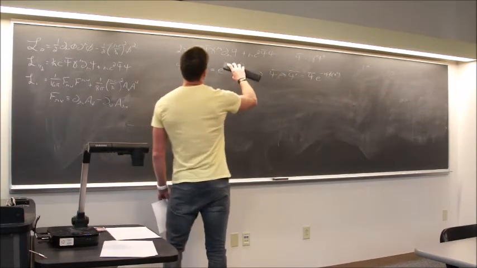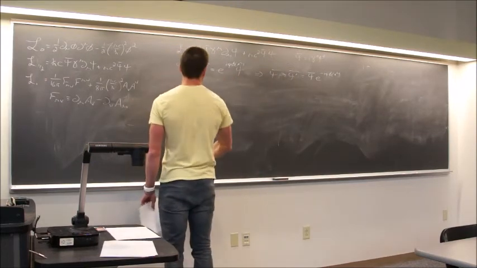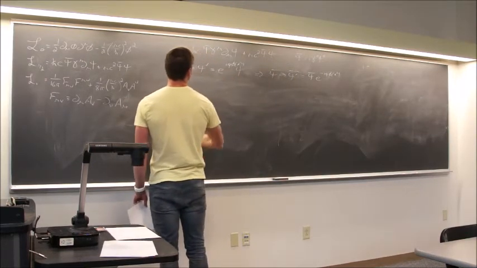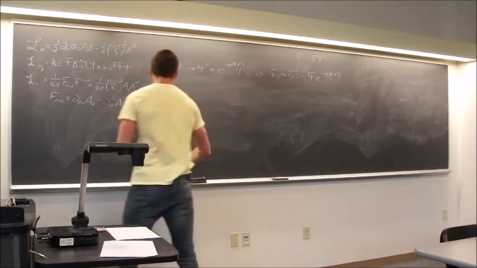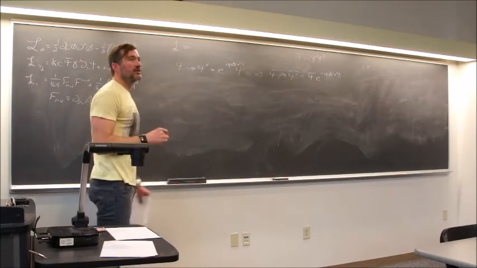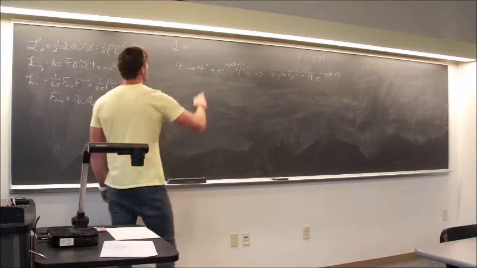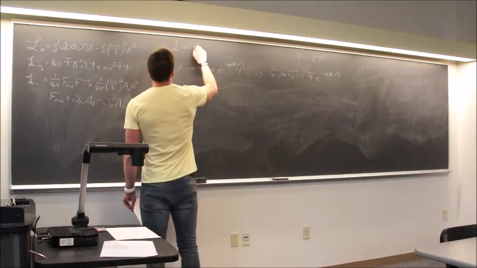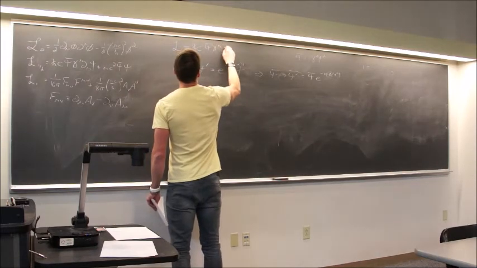So what I'm going to do now is take my Lagrangian. This is a new Lagrangian. This is not the old Lagrangian. I am changing the Lagrangian, okay? It's going to look a lot like my old Lagrangian, with one exception.